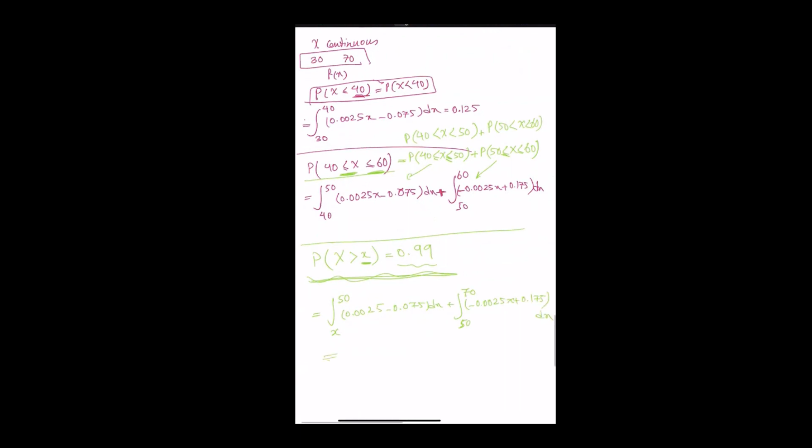And this is going to be 0.99. If you calculate the integrals and put it equal to 0.99, then you find the value of x that can satisfy this condition.